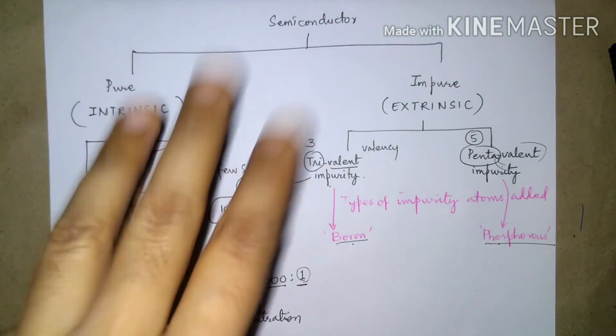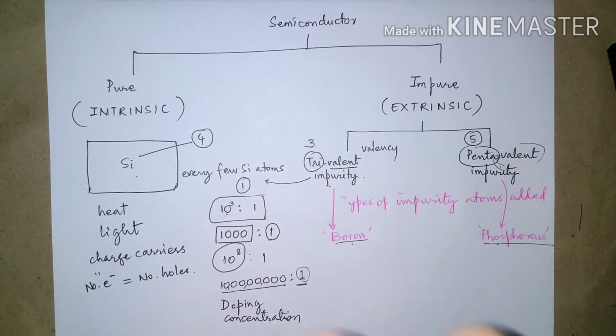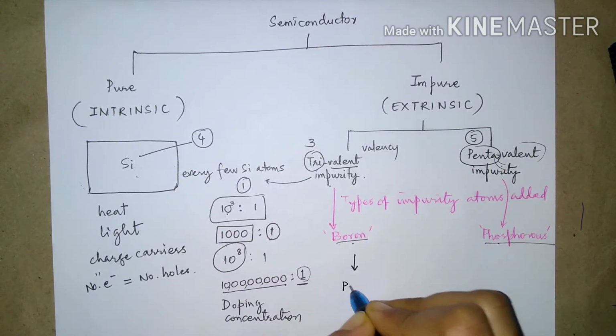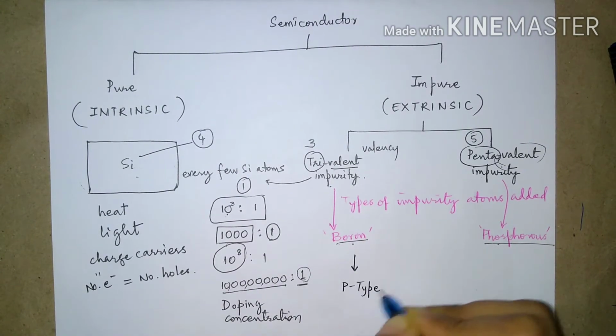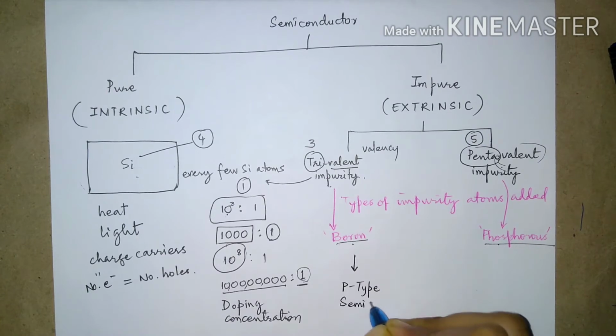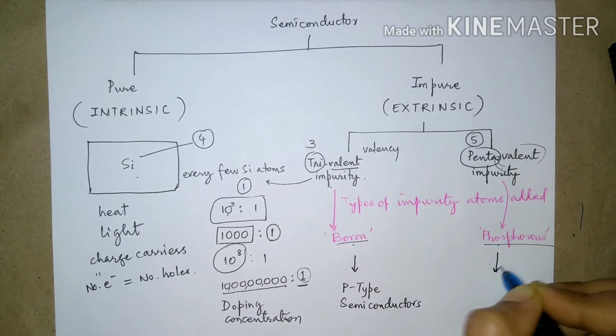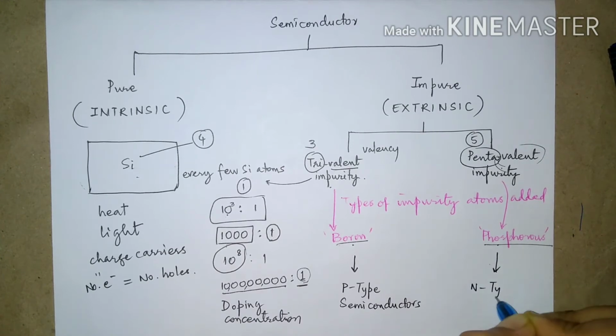This has only 3 and this has 5. These make up p-type semiconductors, and these make up n-type semiconductors.